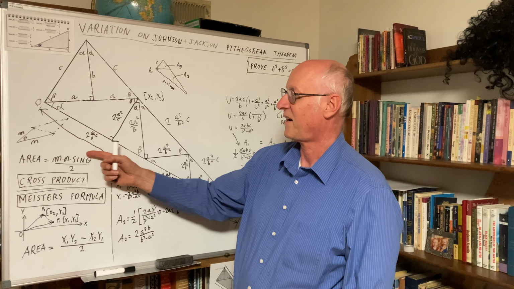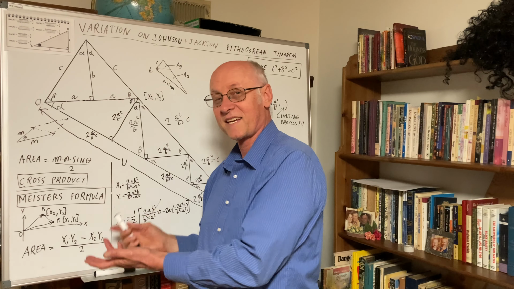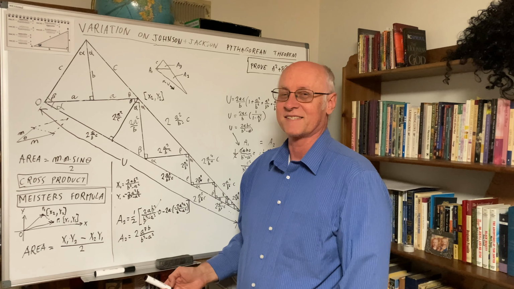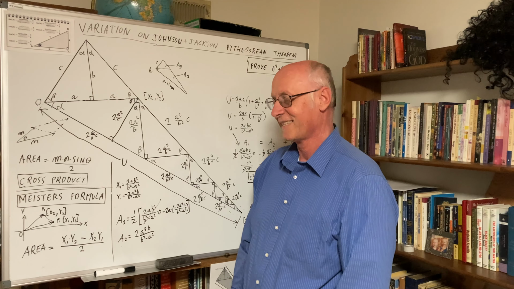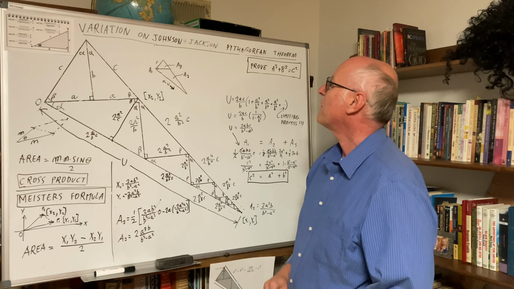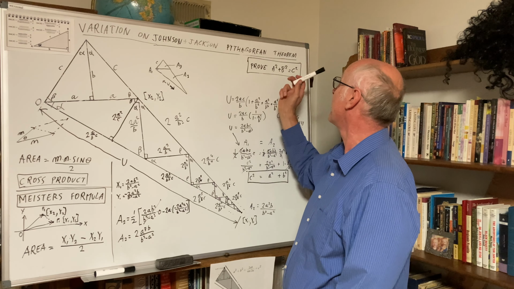So this is an approximate answer. This is beautiful. This gives you an exact rational value for area. That is awesome. Love it. Anyway, so that's an area-based approach to the Johnson-Jackson Pythagorean Theorem proof.